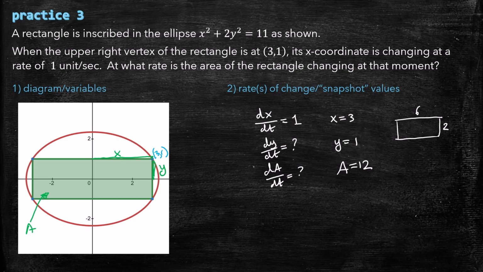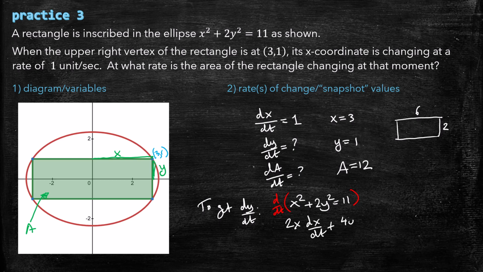And we can because we have the equation of the ellipse. So this is a little bit more of an involved problem. To get dy/dt, otherwise we have no chance of getting dA/dt, let's take the equation of the ellipse and take the derivative with respect to time of both sides. We get 2x dx/dt plus 4y dy/dt, and the derivative of 11 is 0.